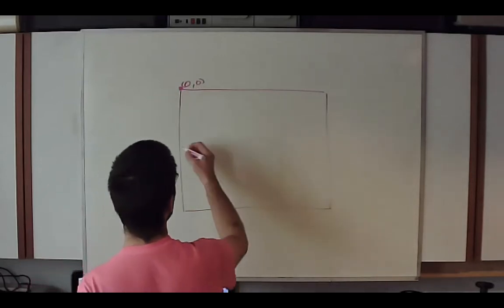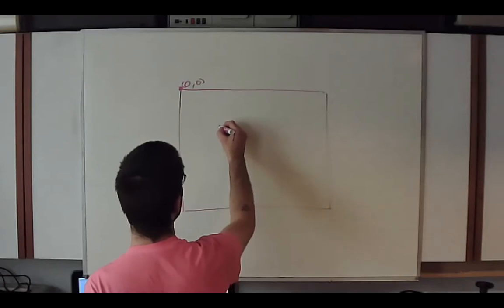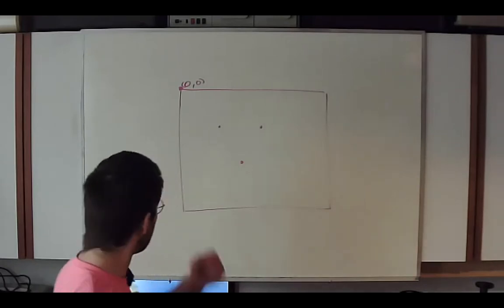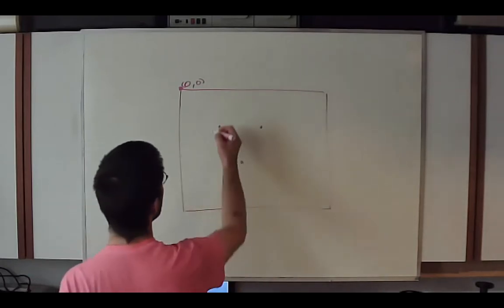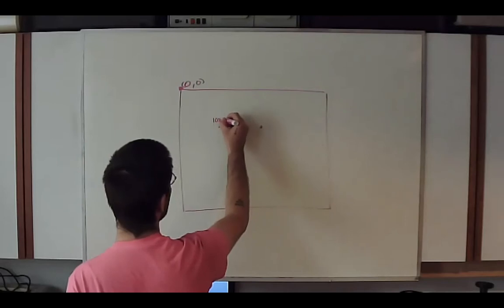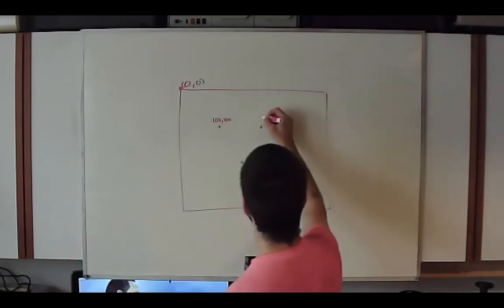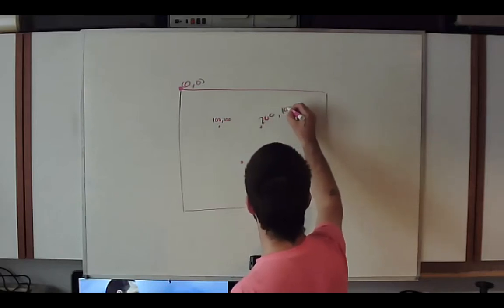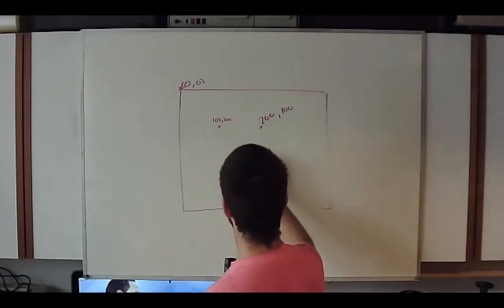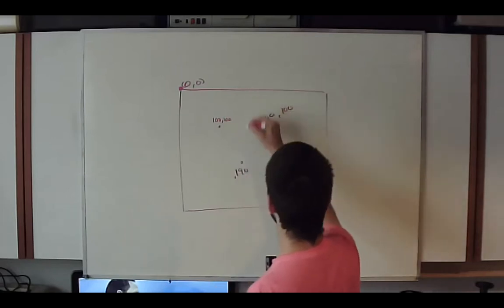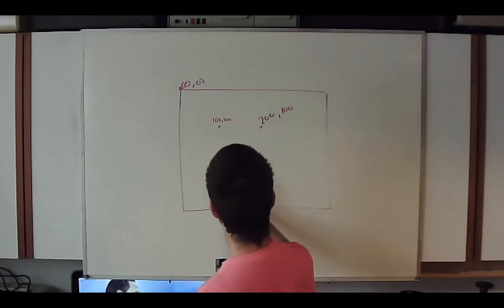And if we wanted to draw a triangle that had points in these coordinates, let's just say this is at 100 pixels over and 100 pixels down. And this one is 200 pixels over and 100 pixels down. And this one is, let's just say, 150 pixels over, 190 pixels down.